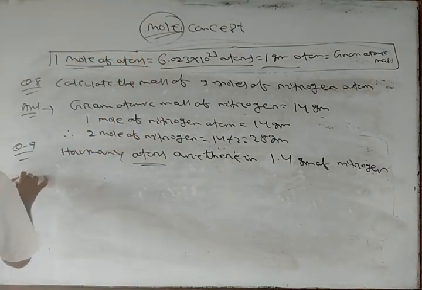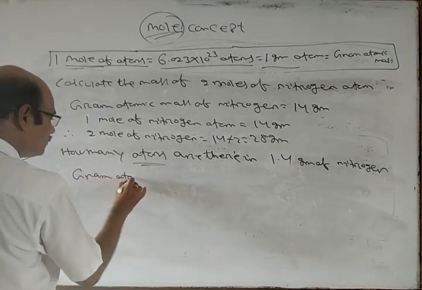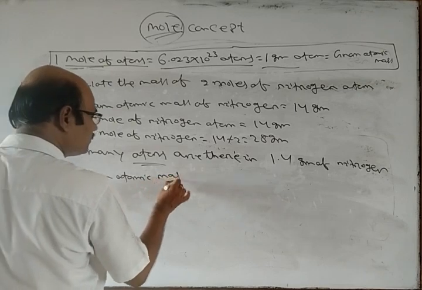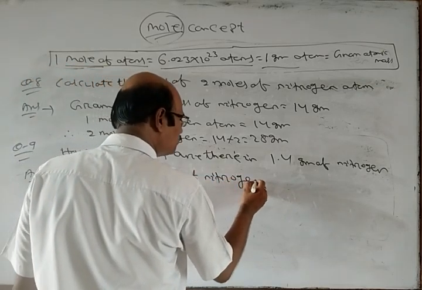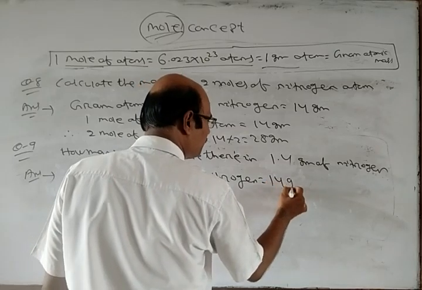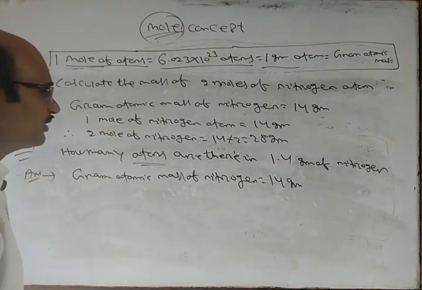So write what, your gram atomic mass of nitrogen is equal to what? 14 gram. So asked here, how many atoms are there in 1.4 gram of nitrogen.